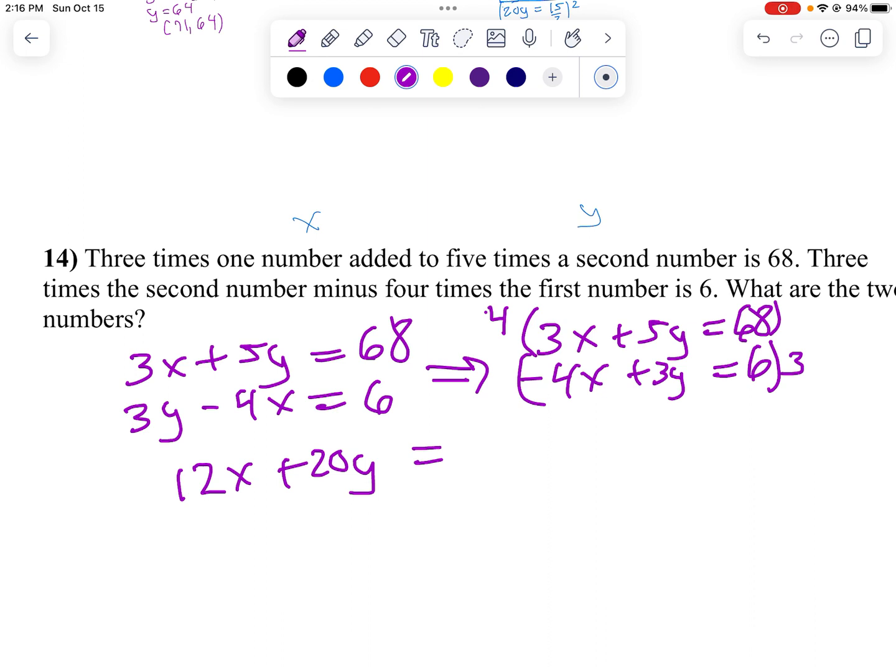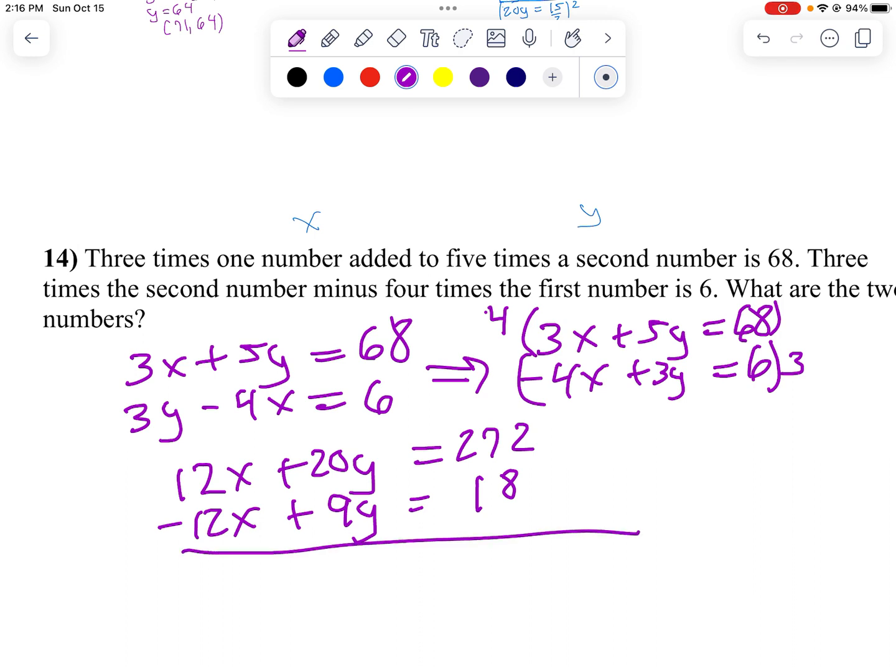I think I'll use my calculator for that. 68 times 4 is 272. My second equation will be negative 12x plus 9y equals 18.